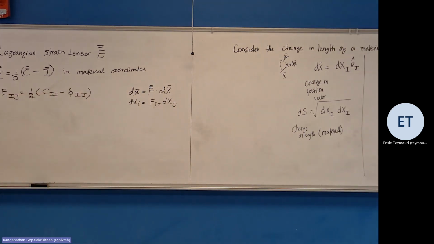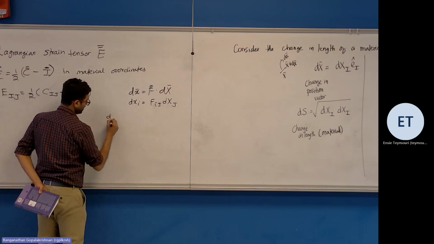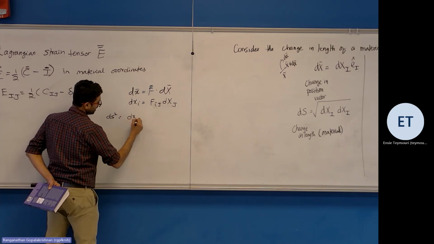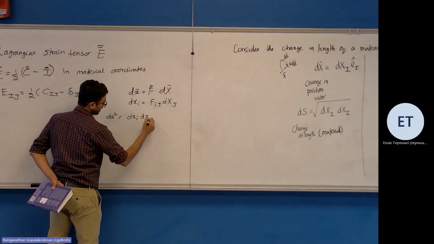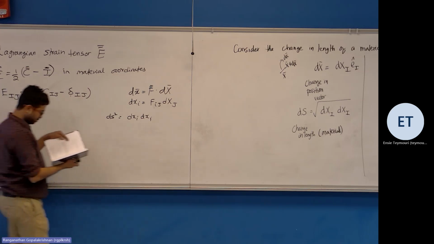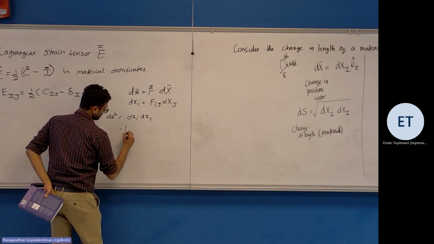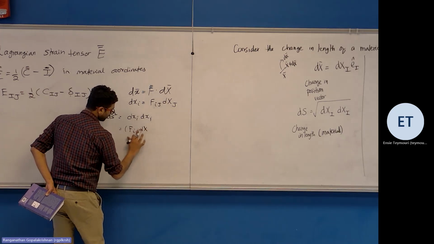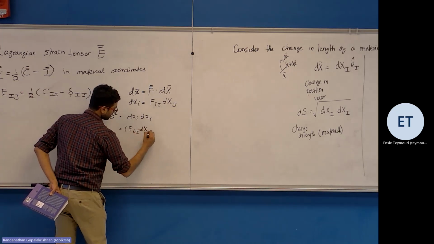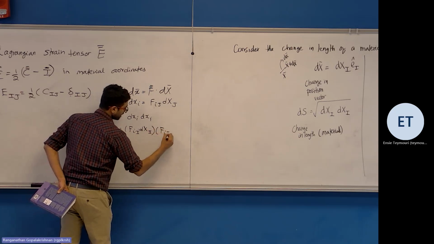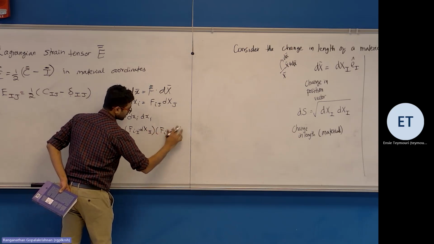So when I have to write ds squared, that is dxi dxi. I'm going to represent this as Fij, I'll call it Fik dXk, multiplied by Fij dXj.